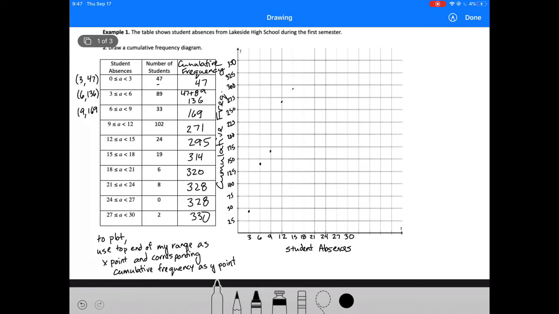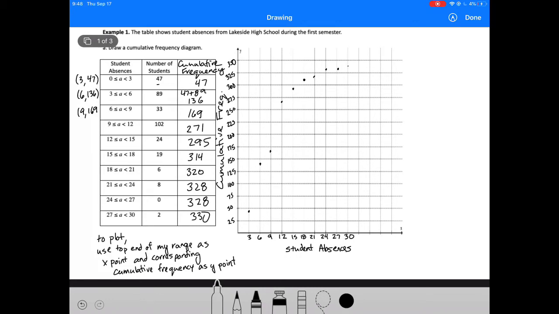So up here. 18 and 314. 21, 320. 24, 328. Goes down here. Then we've got 328 again here. And then finally, a little bit higher, 330.